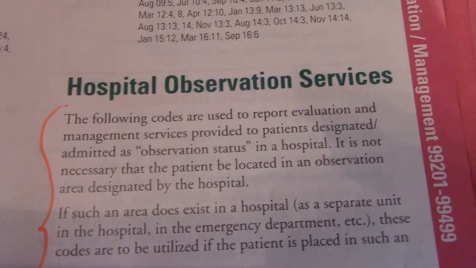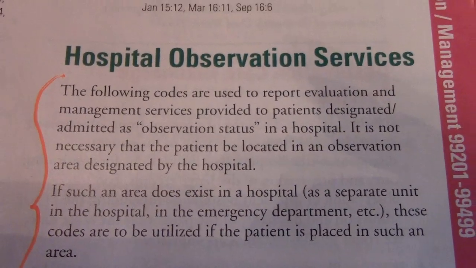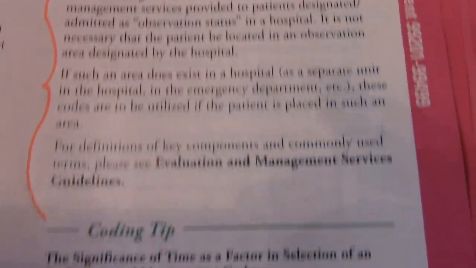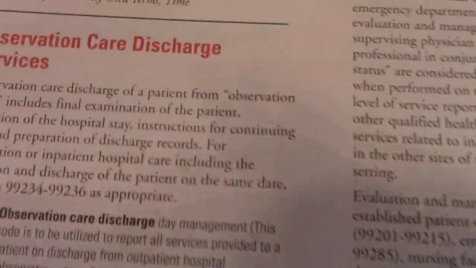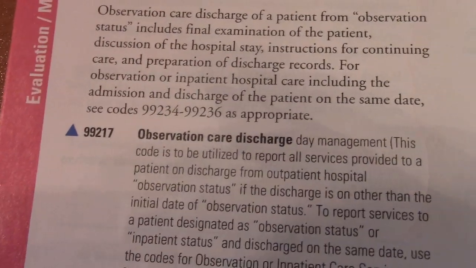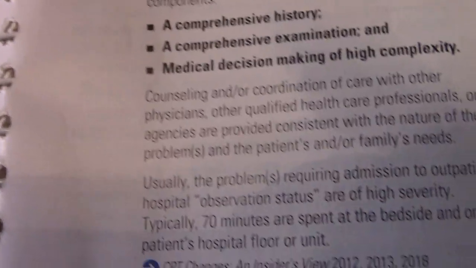It's observation services. So at your earliest, please go through this section in your CPT book and understand what observation services is. Read over it. Look at the codes. Notice that the codes for observation start with 99217 and go through 99220. Those are your initial.